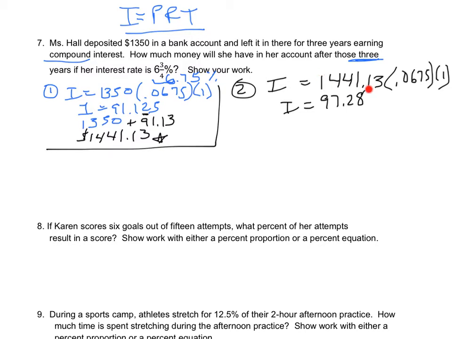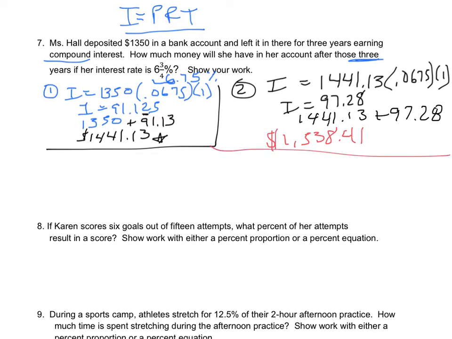We're going to add our 1,441.13 plus our 97.28. Okay, so we'll add that together. Okay, and our total there for 2 is going to be $1,538.41. Okay, so that's after 2 years.